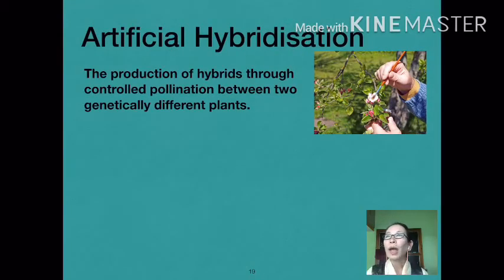So, artificial hybridization has become the key method of crop improvement, and the vast majority of crop varieties have resulted from artificial hybridization. Now, this is a process of producing hybrids through controlled pollination and fertilization between two genetically different plants.